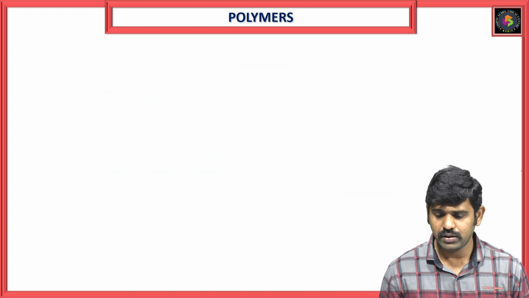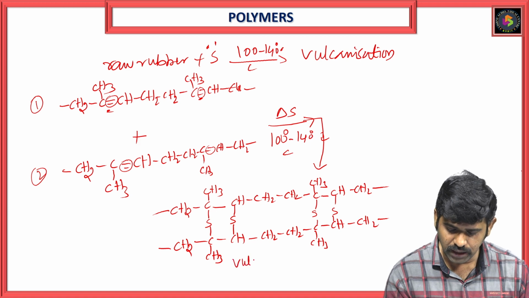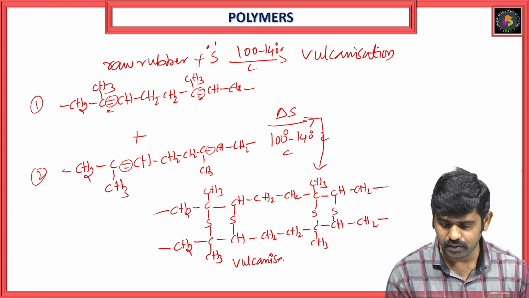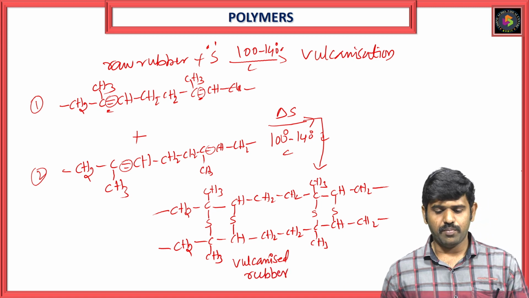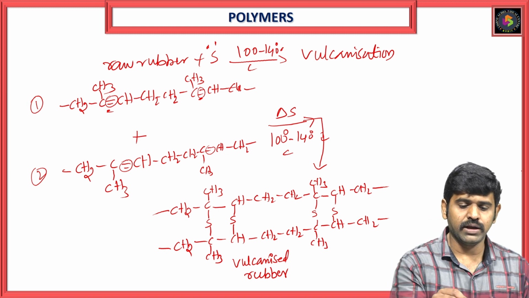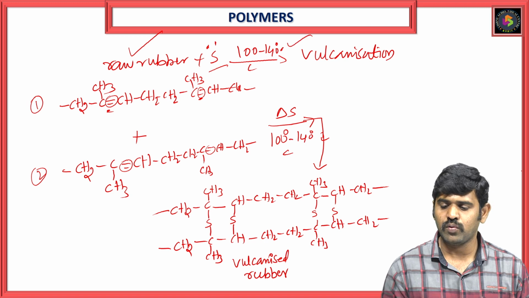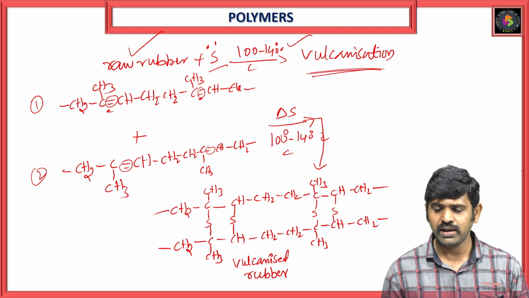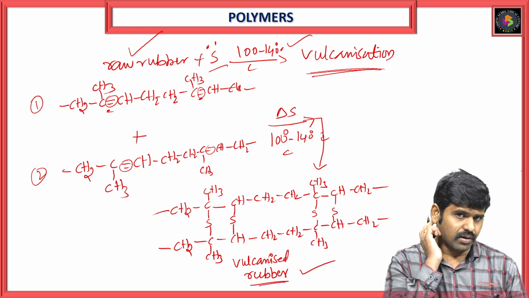This is nothing but vulcanized rubber. The process of heating raw rubber with sulfur at 100 to 140 degrees centigrade is known as vulcanization.